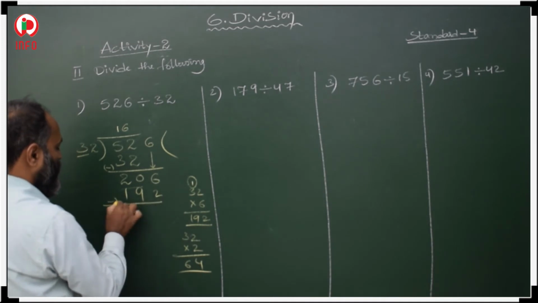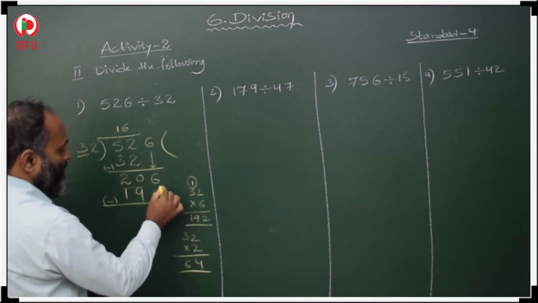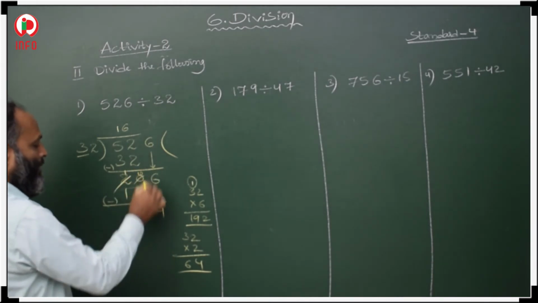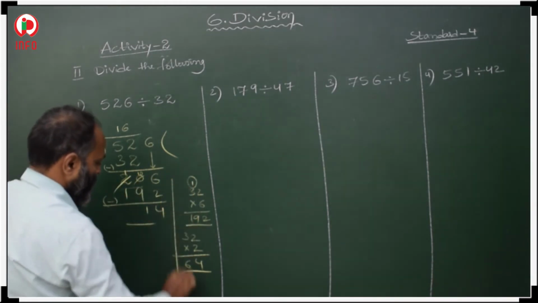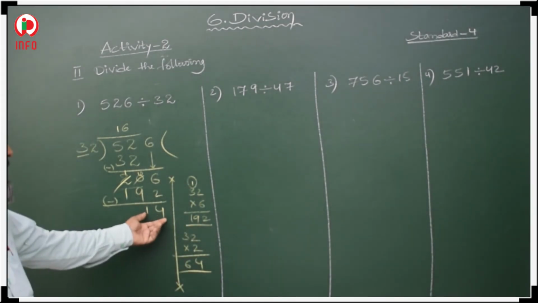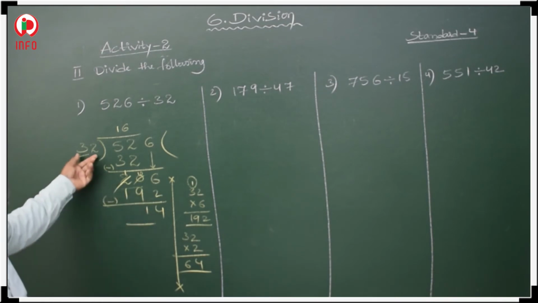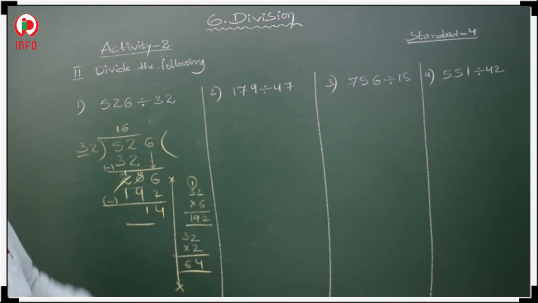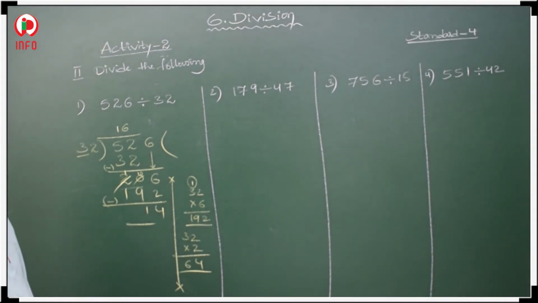Then minus, 6 minus 2, 4, borrow here, here 1, here 10, 10 minus 9, 1. See here, 14 is your remainder. So, this is your divisor, this is your dividend, this is your quotient. In this way you have to do.